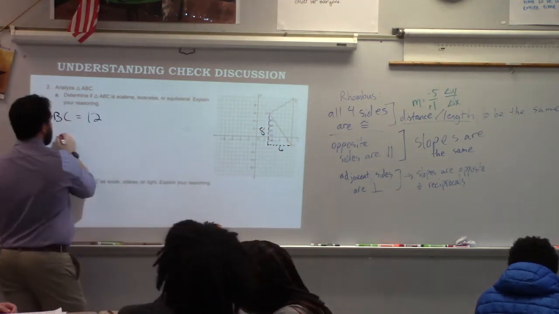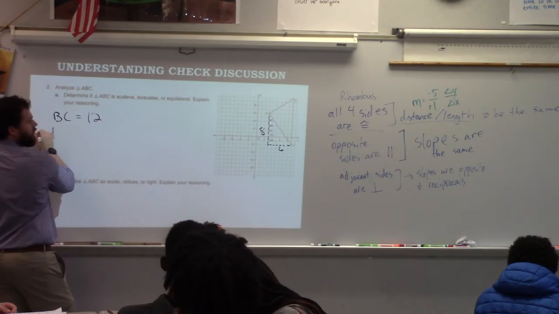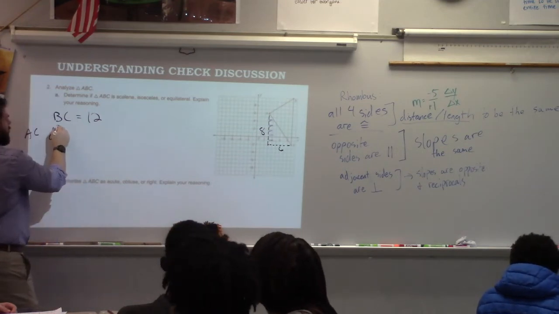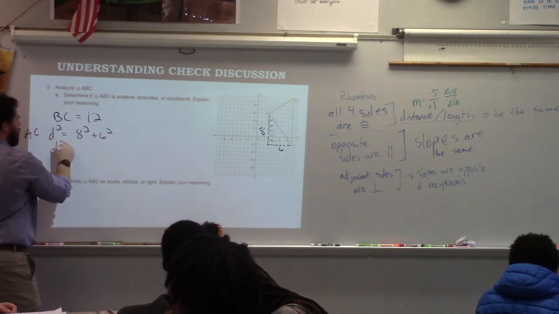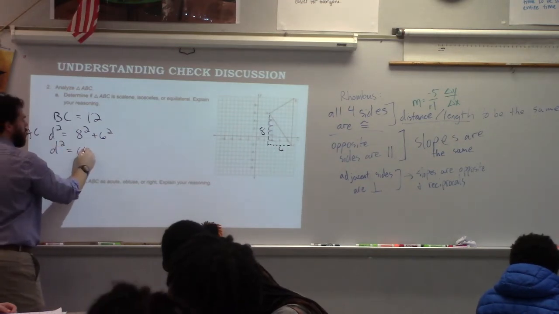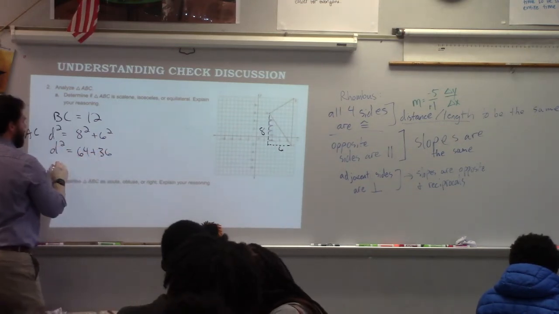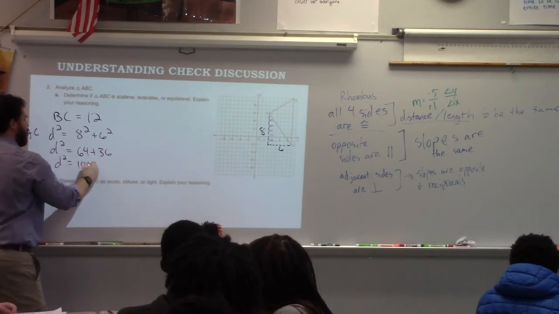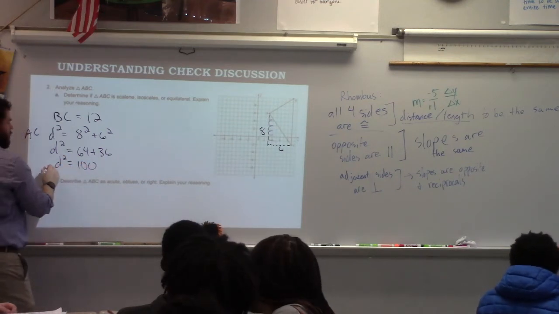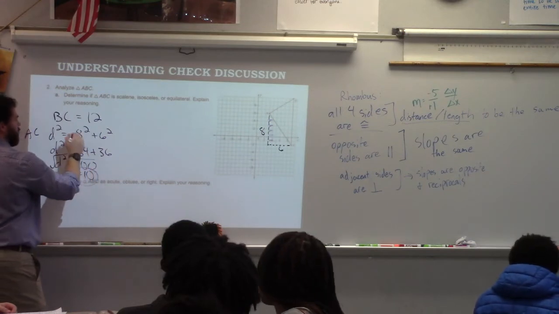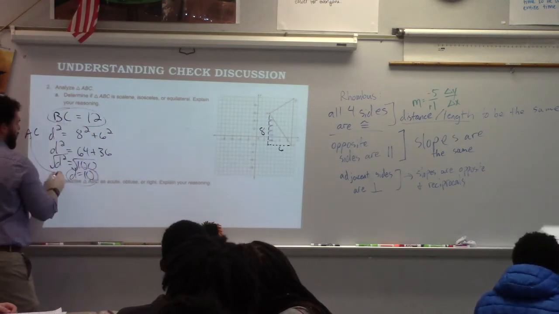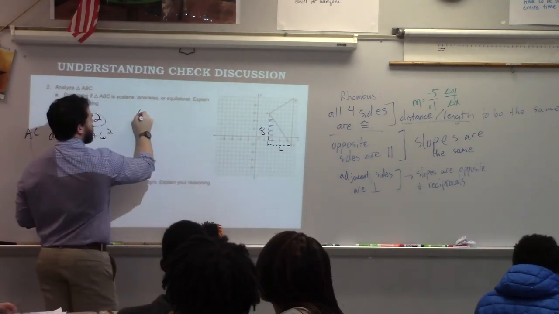So if I want the distance for AC, is that what I'm looking at? Yeah. D squared is equal to 8 squared plus 6 squared. Notice how writing out my formula helps me not make mistakes. What's my last step to solve for distance? The distance is 10. So that's for AC, and now I still need AB.